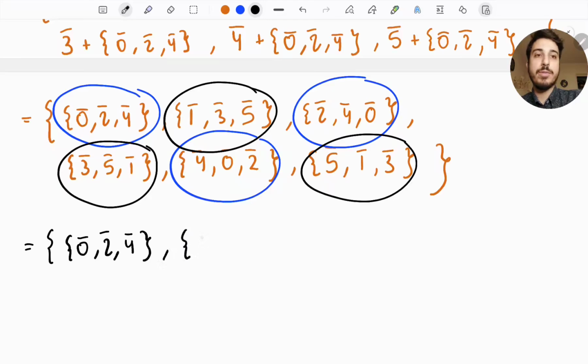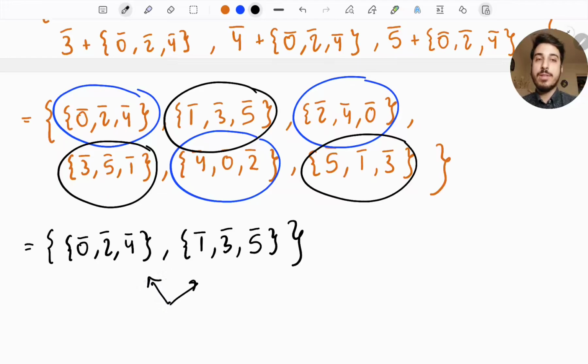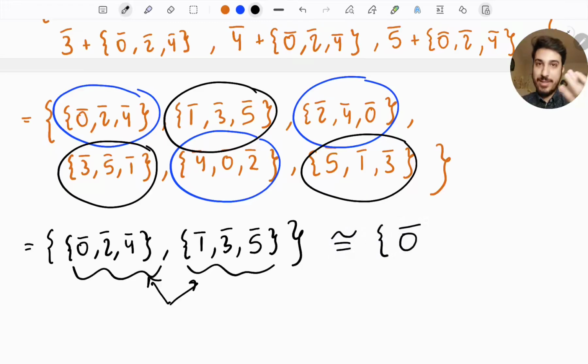So they can all be represented by 1 bar, 3 bar, and 5 bar. And now this set contains nothing but two elements, 0, 2, 4 and 1, 3, 5. These are the even elements, these are the odd elements. So we can say they're isomorphic to 0 bar, even elements, and 1 bar, odd elements.